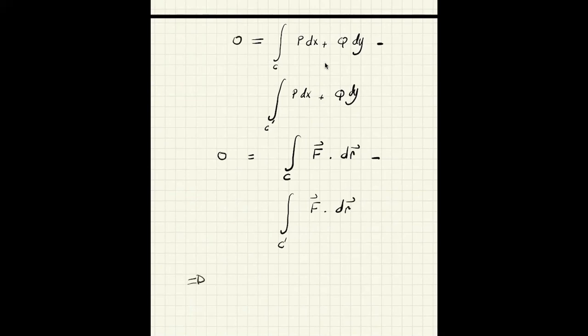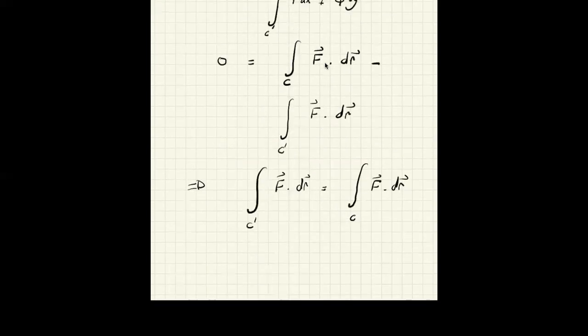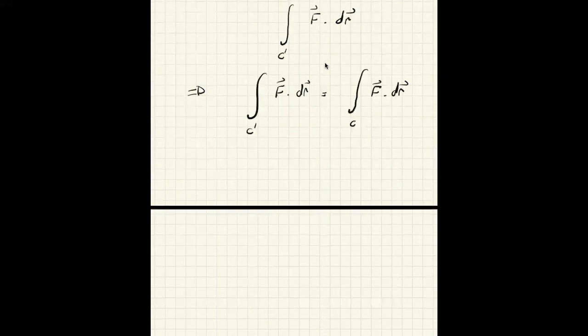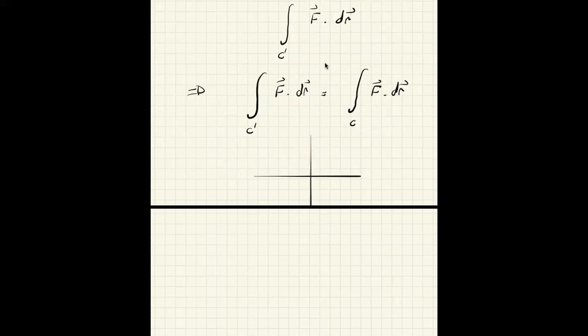Which means that the integral over C prime of F dr is equal to the integral over C of F dr. And that is why I started with C prime in these orientations, because now I have the right orientations for our conventions of line integrals.